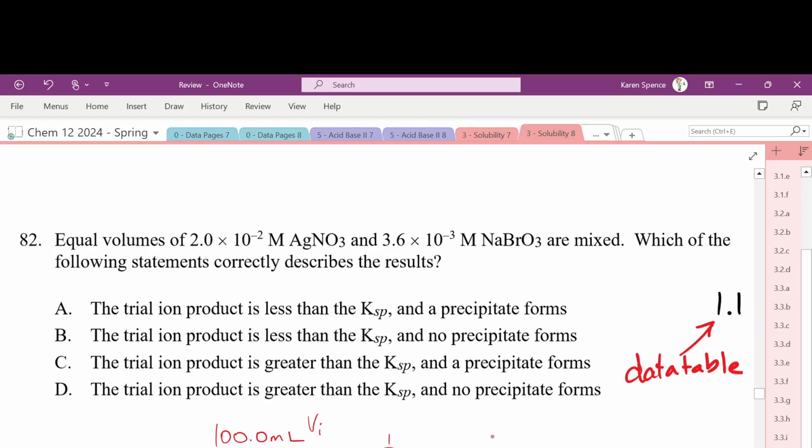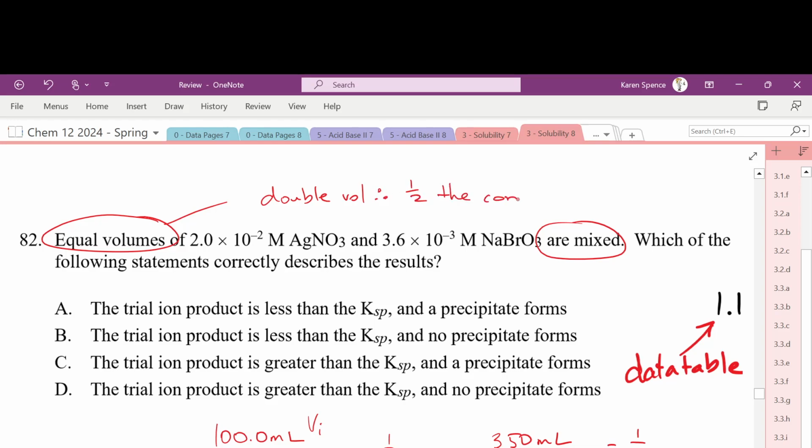If you started with 350 milliliters, you would finish with 350 plus 350 is 700 milliliters, which is 1/2. So if you're adding equal volumes, you're always doubling the volume, so you're always going to be halving the concentration, okay? So equal volumes are mixed means double the volume, therefore half the concentration.